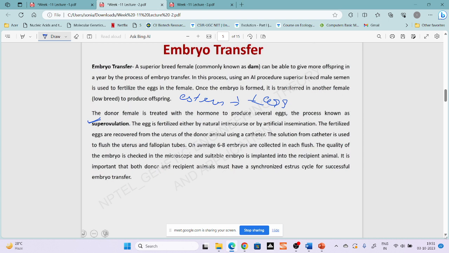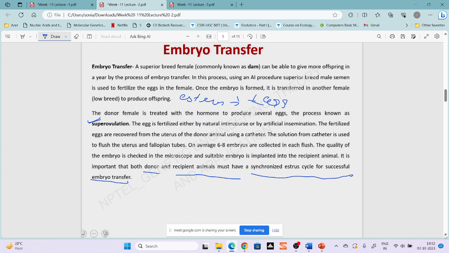But the important point here is that both donor and recipient animals must have a synchronized estrous cycle for successful embryo transfer. That means the estrous cycle of the superior female which produced the fertilized egg, and the estrous cycle of the lower breed female which is going to carry the fertilized egg, should be synchronized.